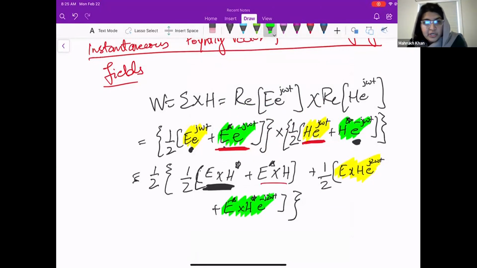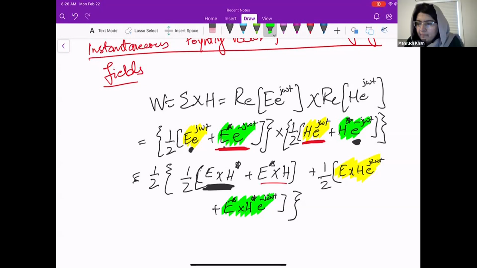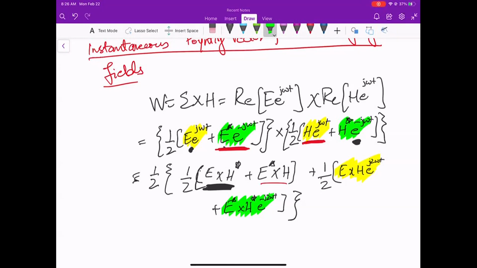The terms with j 2 omega t are on the magnetic field side, that's what you're saying, right? No, they are not on any side. It's just that we collected the terms without e^{j omega t} and with e^{j omega t}. So it could have been on the other side as well. Yes, once they are multiplied, they are not on any side.